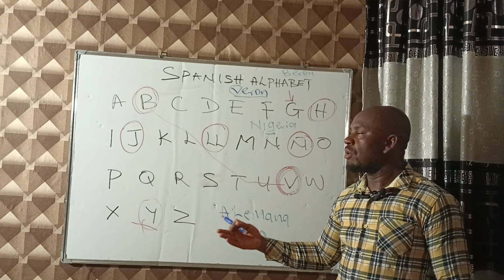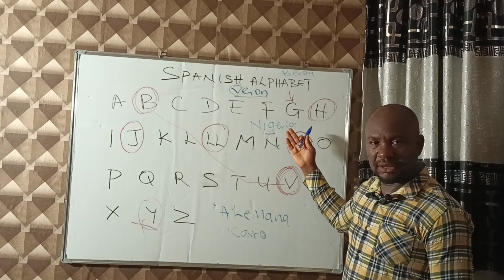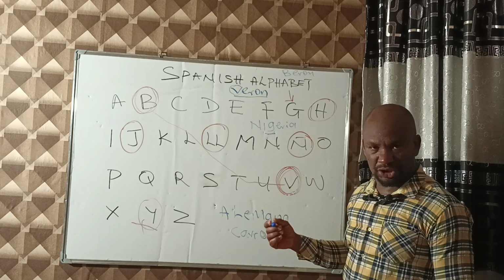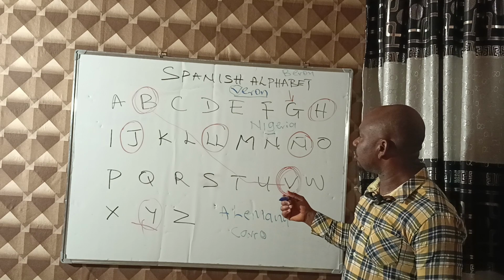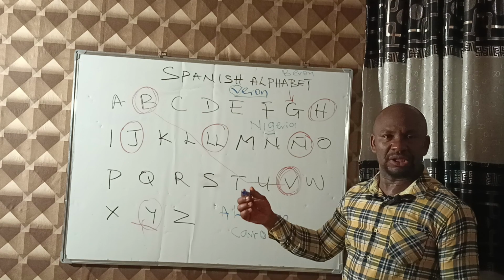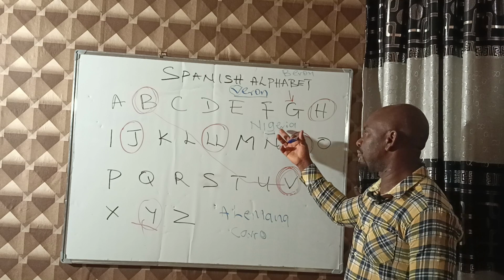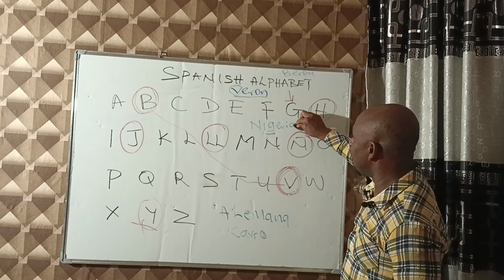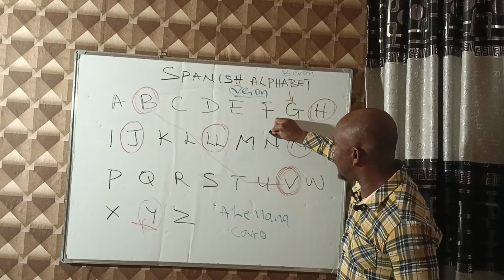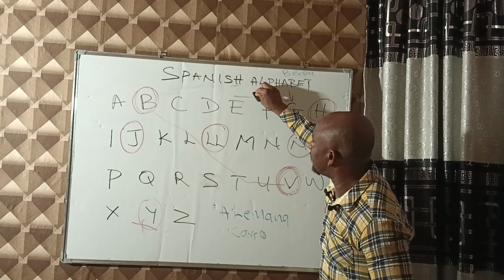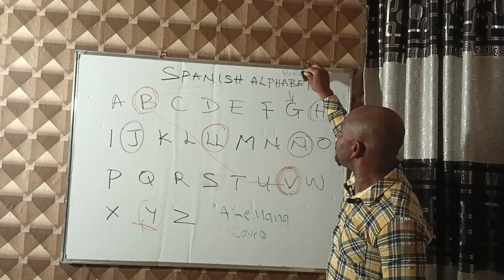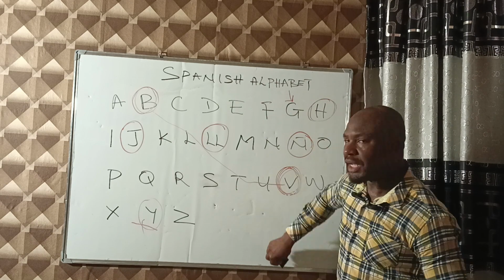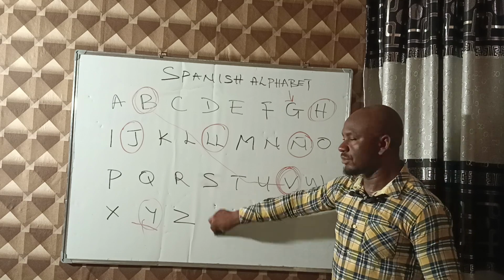In some words, some letters, you could have it pronounced as G. Now, on many occasions, you will see it pronounced as jota, like for example in Nigeria. So we have Nigeria. So I'm going to clean in here so that I don't mess up the board. Very important. That's why I'm trying to clean up, so we can have a very clean space to work with.